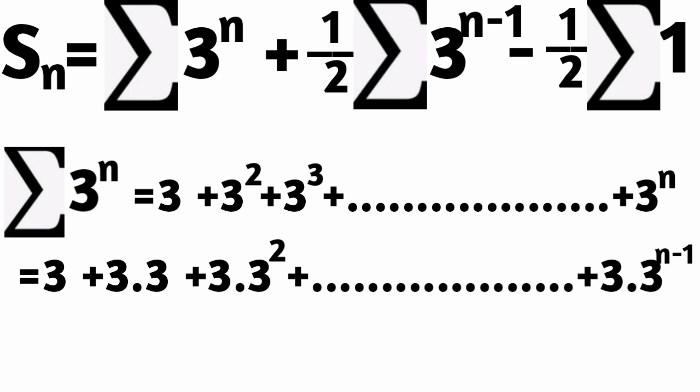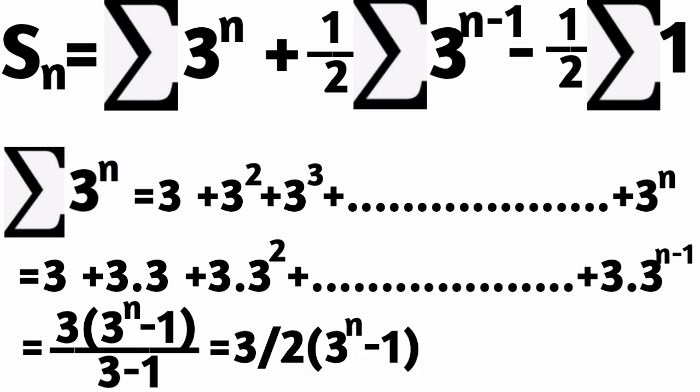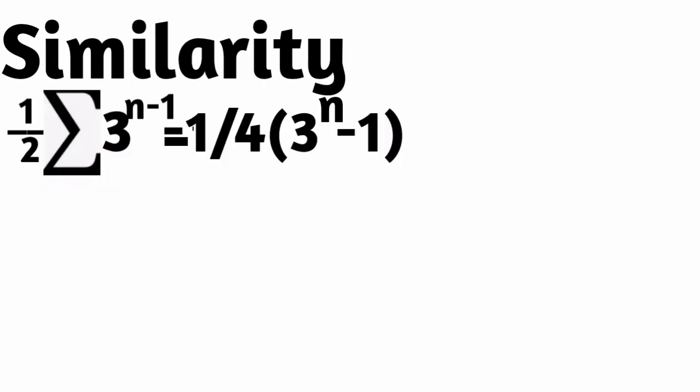So by using the formula of GP, we can find the value of sigma 3^n. By simplifying it, we get sigma 3^n = (3/2)(3^n - 1). This is the sum of sigma 3^n.